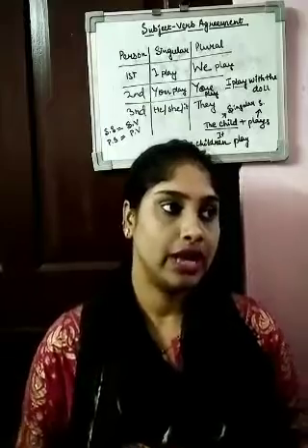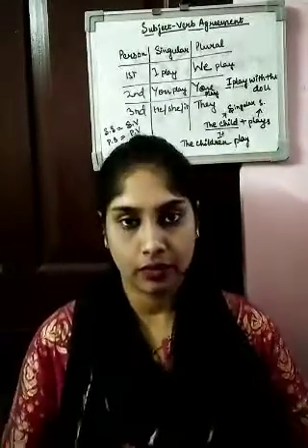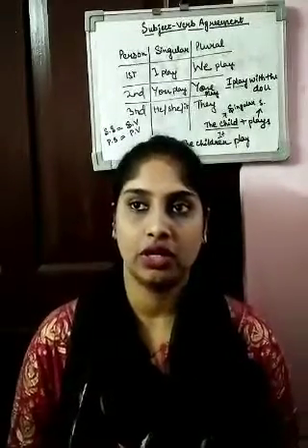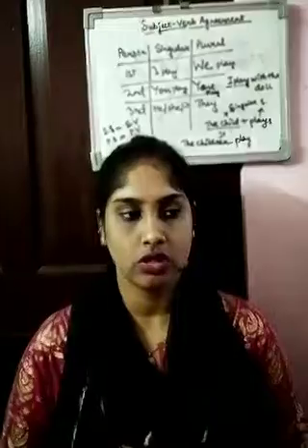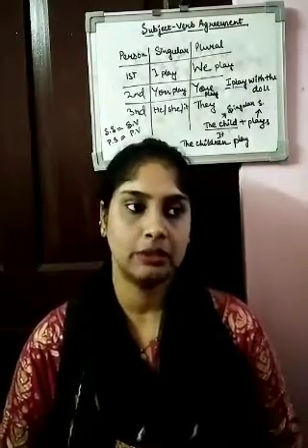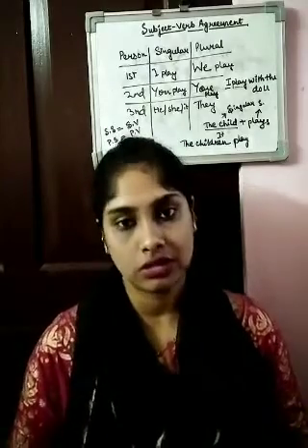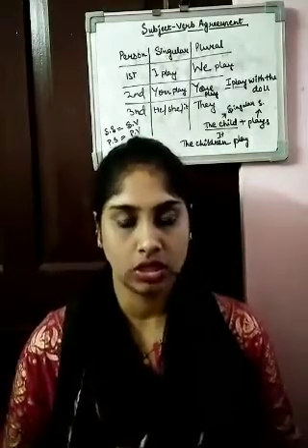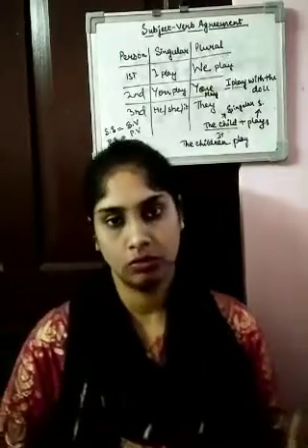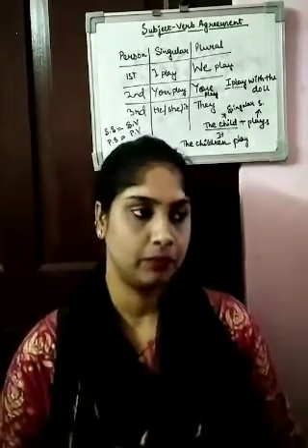I don't know if you have this chapter in your grammar syllabus or not, you just check if it's present, subject-verb agreement. And if you have any smaller sister or brother, or any smaller cousin, then you can check in the class 3 or 4 book. You will definitely find it there. It's very nicely given there.